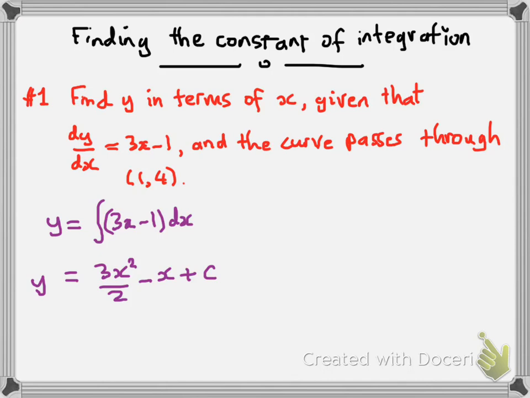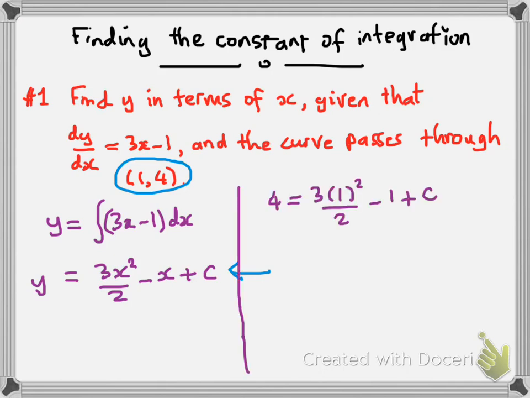So now we want to find out what c is. That's easy to do now, since we know a point on the curve. The point is (1, 4). That means when x is 1, y is 4 on this curve. If we put that in our result after we took the integral, we'll be able to solve for c.